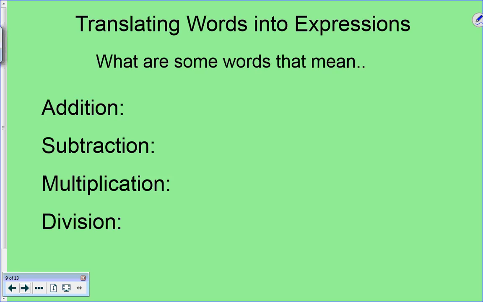In your notes, you need to write down this as well, because this is going to help you in your homework today. Okay? So let's talk about addition. What are some words that you know that mean addition, except for add? Olivia: plus.